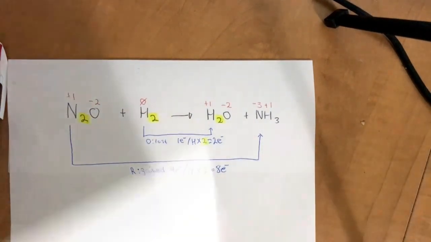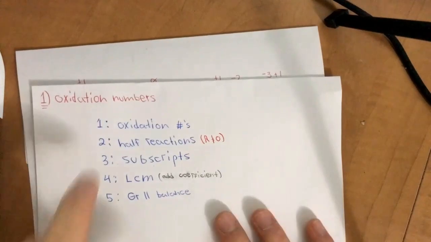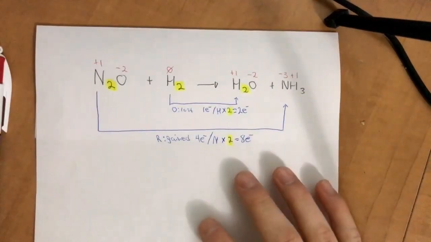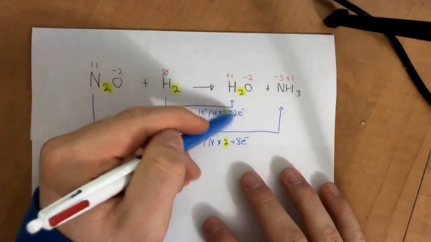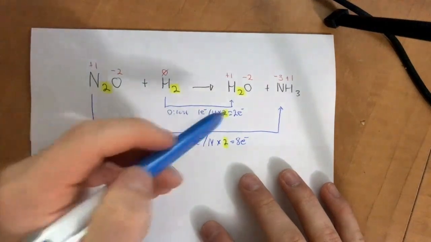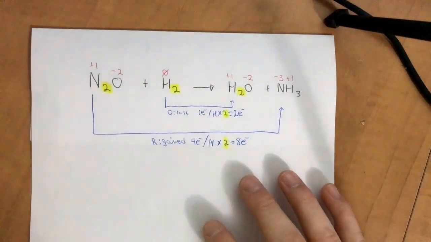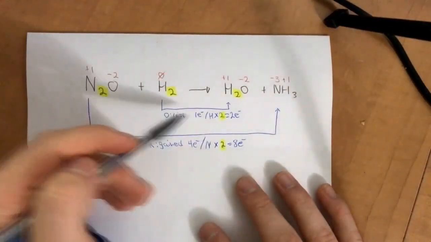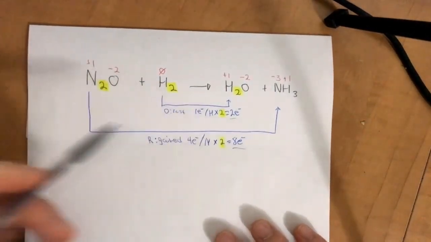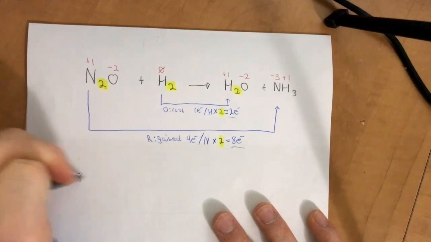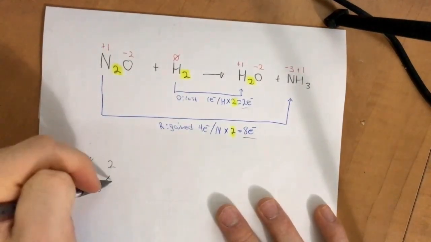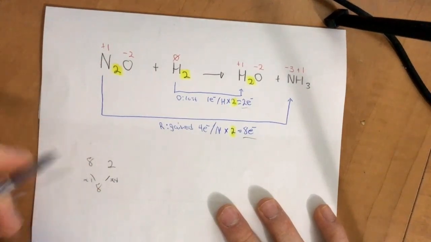Moving on to step number 4, lowest common multiple. The lowest common multiple refers to the lowest common multiple between the total number of electrons we've calculated for both half reactions. In this case, the oxidation half reaction has a total of 2, the reduction one has a total of 8. The lowest common multiple between 2 and 8, of course, is 8. 4 times 1.